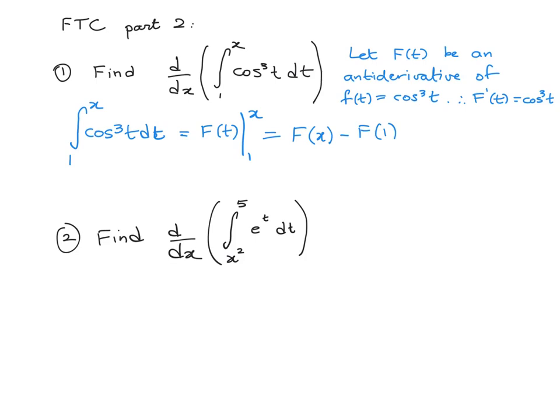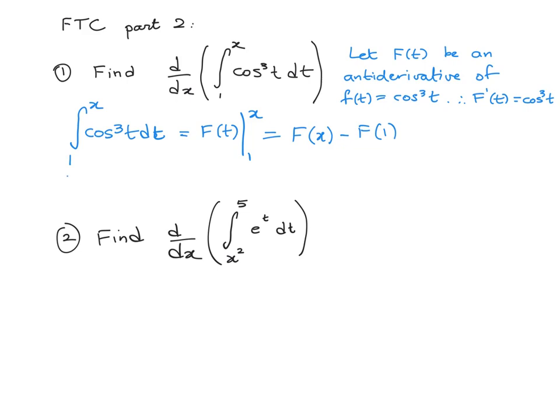So I've calculated now this integral. I haven't differentiated yet, but I have calculated this integral, and you'll notice that the integral started with t's. There's still t's here, but once I evaluate it, the variable has now switched to x, and of course there's a constant in there.